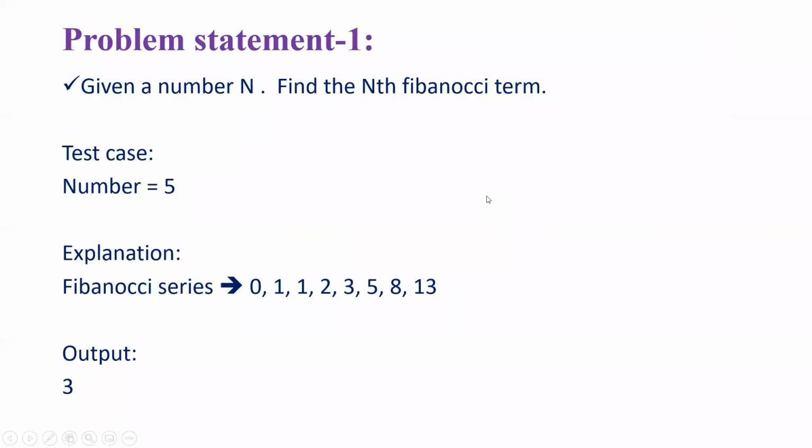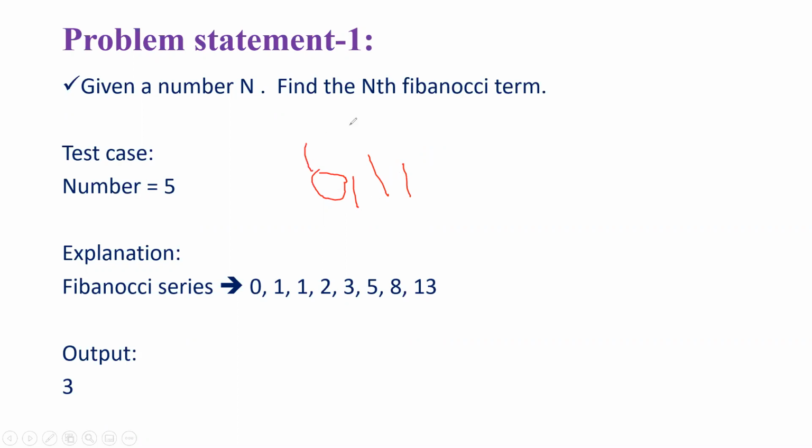Observe what is meant by a Fibonacci term or a Fibonacci series. A Fibonacci series will look like this. We will start from 0 and the next term will be 1, and then every next term would be the sum of the previous two terms.